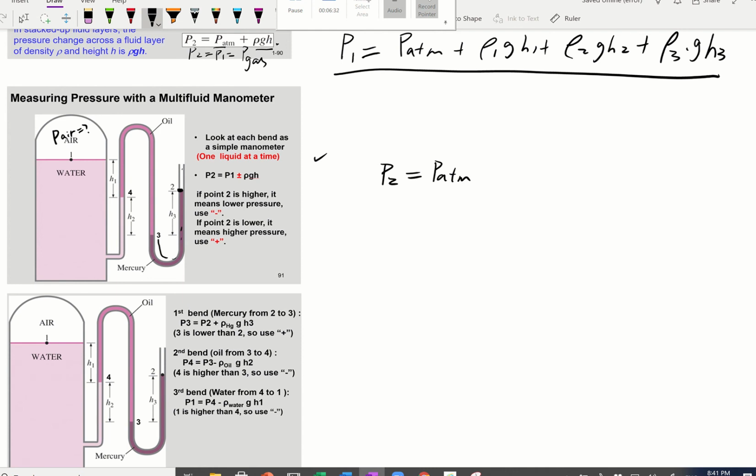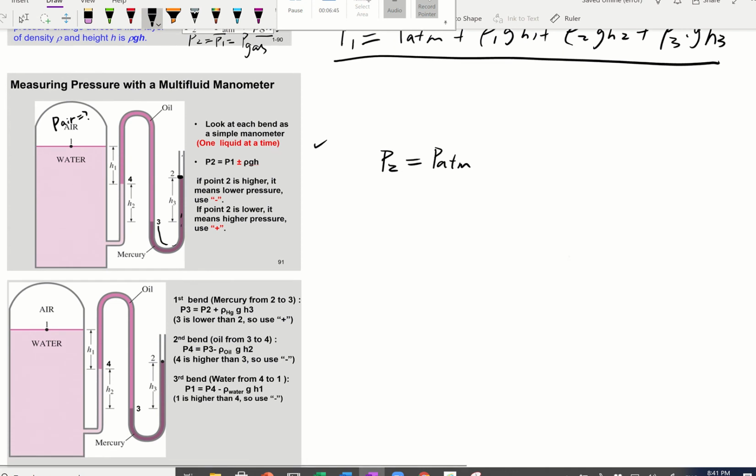We start with P2, then go through the bands and figure out the next. If we know P2, now we find point 3 here. That's our first band, going through mercury, one fluid at a time. We know P2, and we just need to figure out P3.